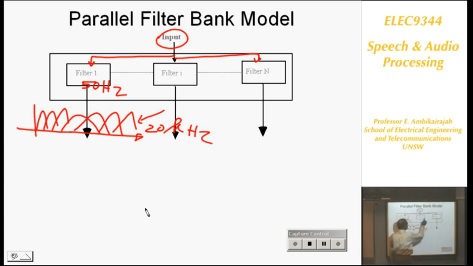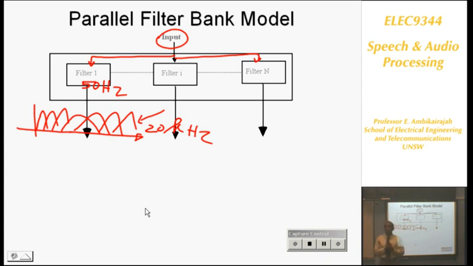So how many filters do we need? We thought we needed some 200 to 500 filters to represent these auditory models, and they look like a parallel filter bank. Having said that, psychoacoustic experiments tell you that you do not need that many fine filters. Each filter has a large bandwidth.